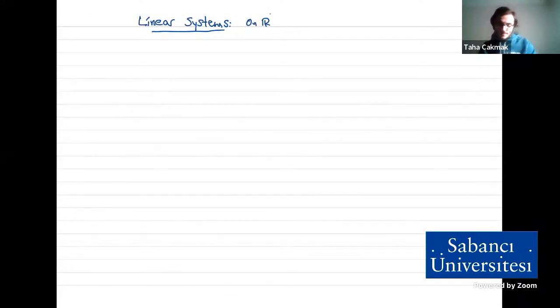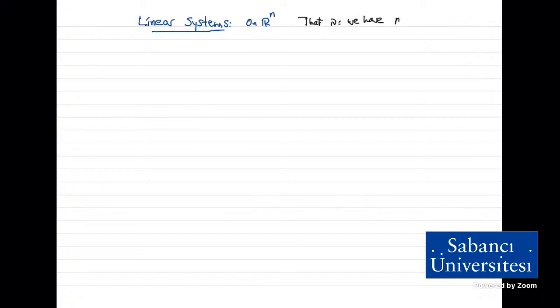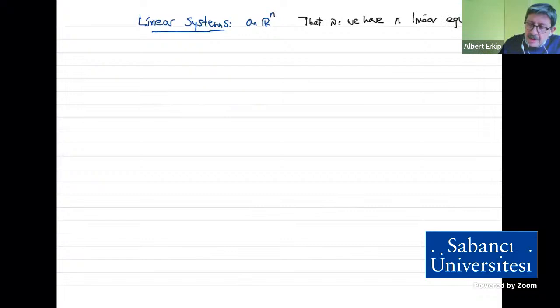Okay. On Rn. So what we really have is something like this. We have n linear equations with n unknowns.